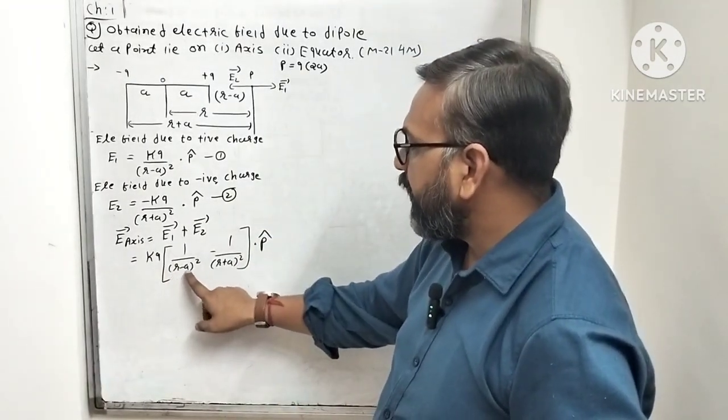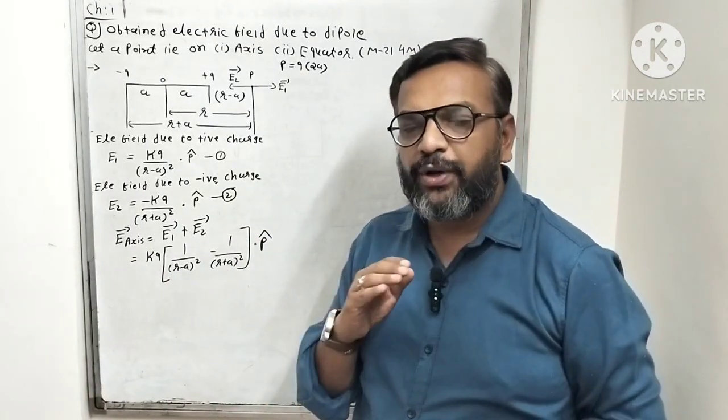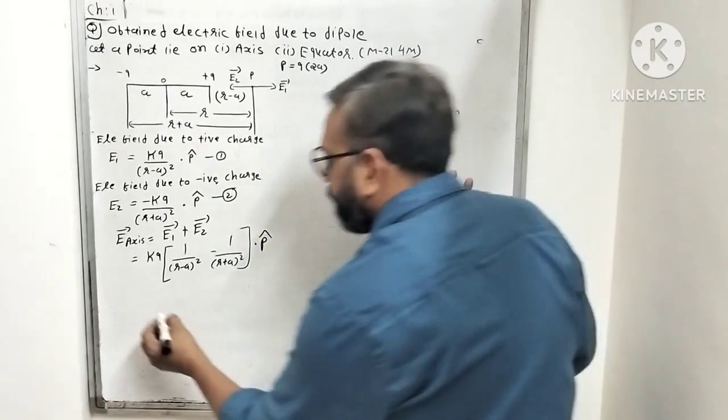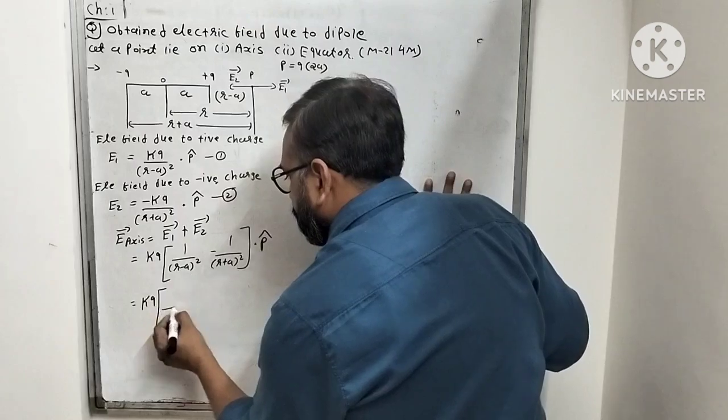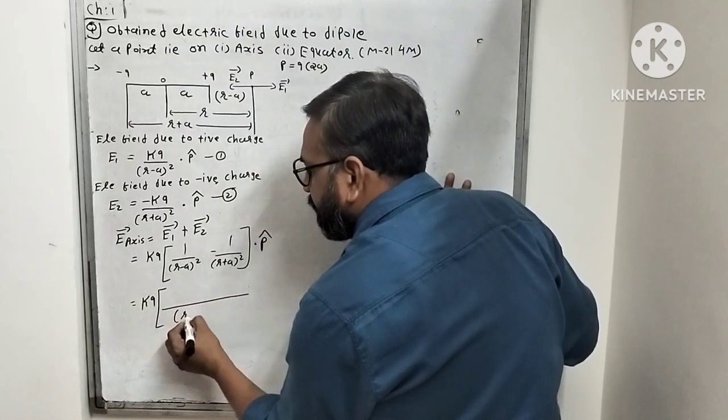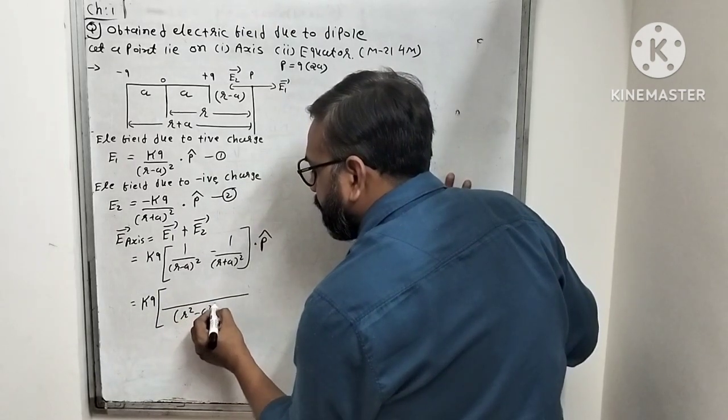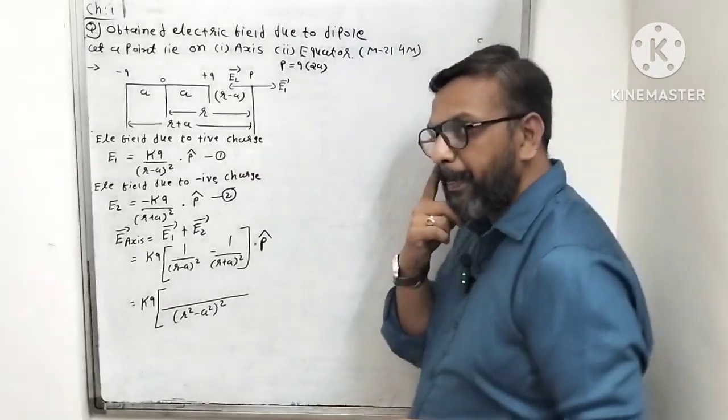Here we have (A minus B)(A plus B), so A square minus B square. So we get (R square minus A square) whole raised to square.